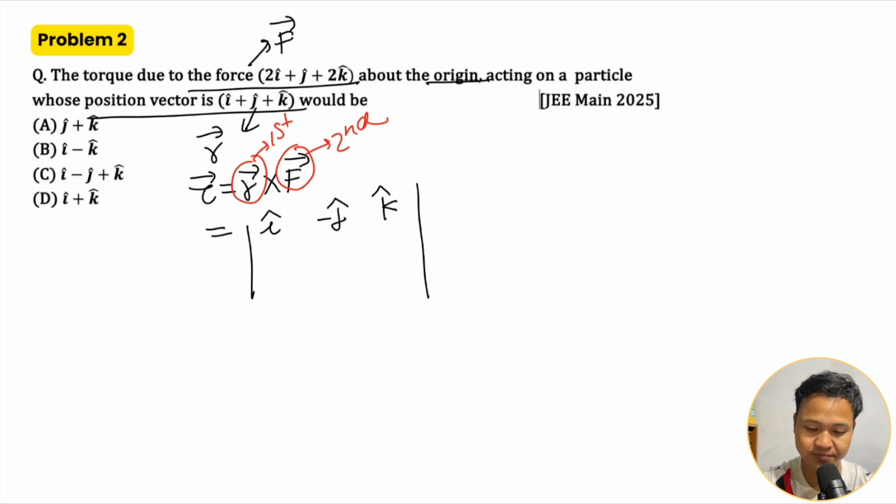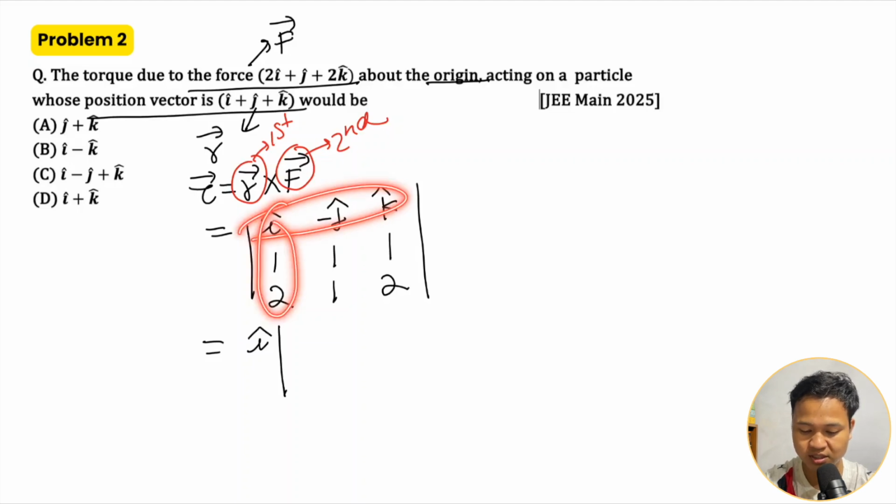So the first vector R has coefficients 1, 1, 1: 1 i cap, 1 j cap, 1 k cap. Now the second vector, force, has coefficients 2 i cap, 1 j cap, 2 k cap. So first you write i cap. When you take i cap, this row and column will not participate.